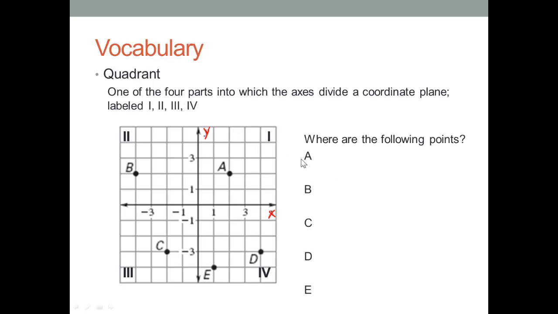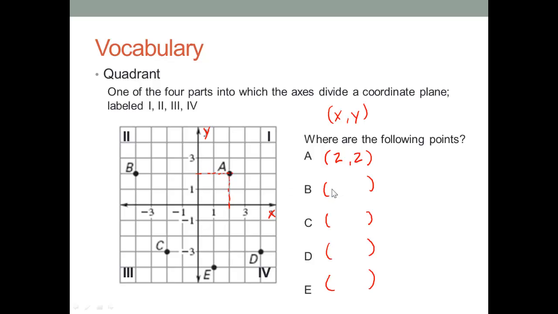Where are they? Well, you always start with your x because we always label our points x, y. So A, if you notice, is 2 over on the x-axis, and then 2 up on the y-axis. So that's at 2, 2.